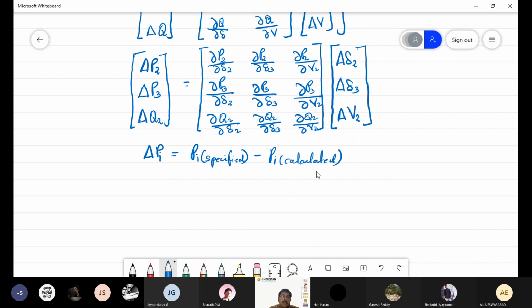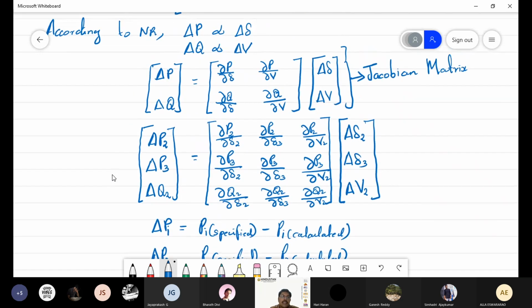For us we need P2 and P3. Therefore del P2 is equal to P2 specified minus P2 calculated. The specified value is there in the problem.